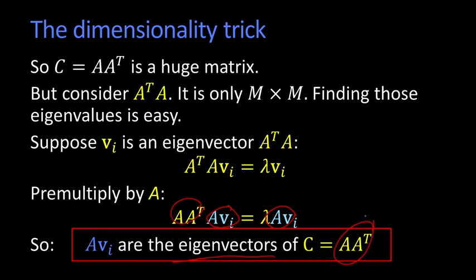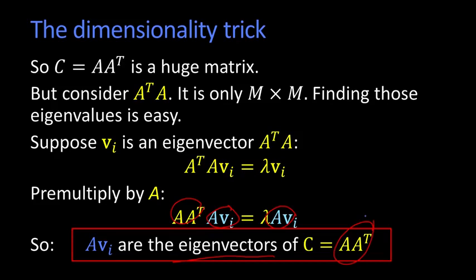So all we needed to do was to find the v_i, which are the eigenvectors of A transpose A, pre-multiply them by the matrix A, and I now have the eigenvectors of A A transpose. So what this basically meant was we took the eigenvectors of an M by M matrix and created the eigenvectors of a D by D matrix without having to explicitly compute the eigenvectors of D by D.